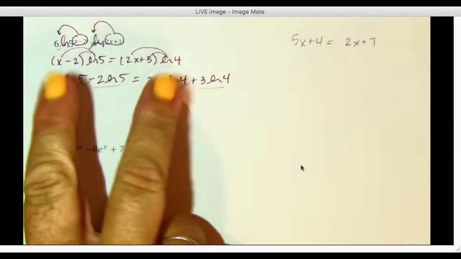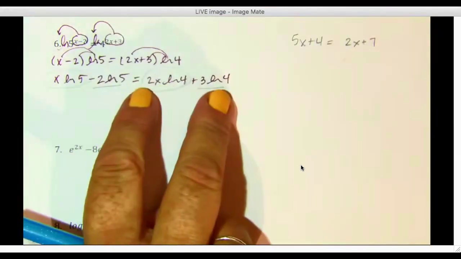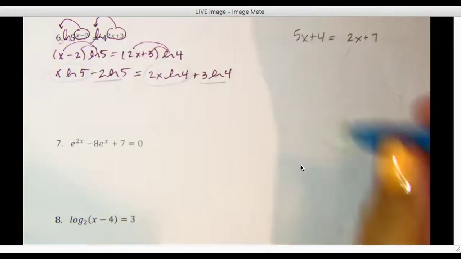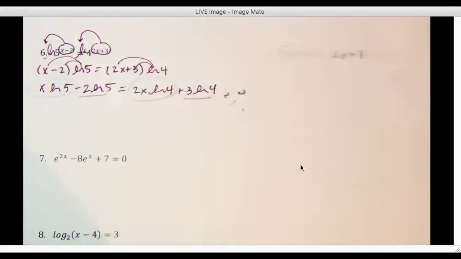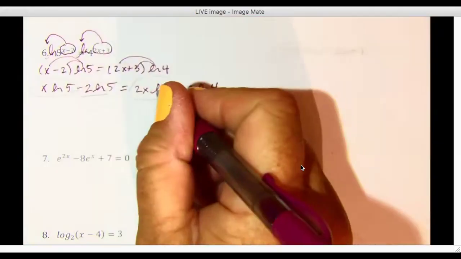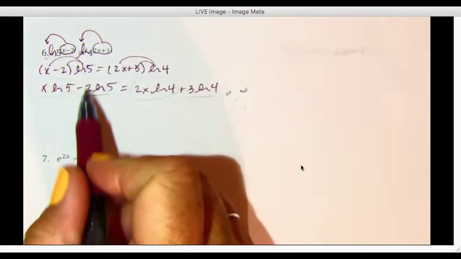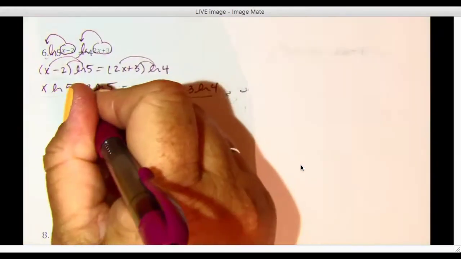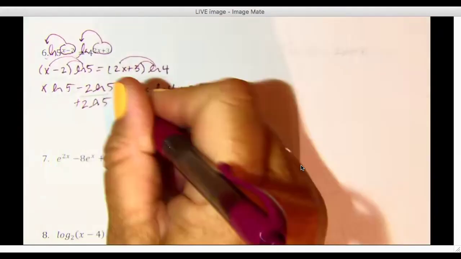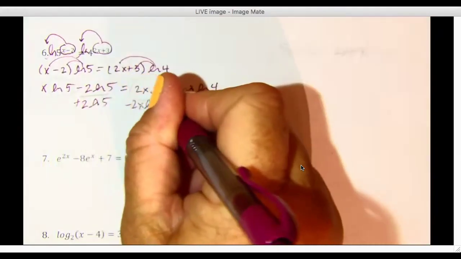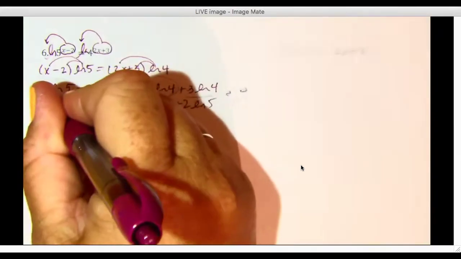And so I want these terms on the same side and these terms on the other side. So what I'm going to do then is subtract this term over here, and I'm going to add this term over here. So plus 2 ln of 5 on both sides, minus 2x ln 4 on both sides.